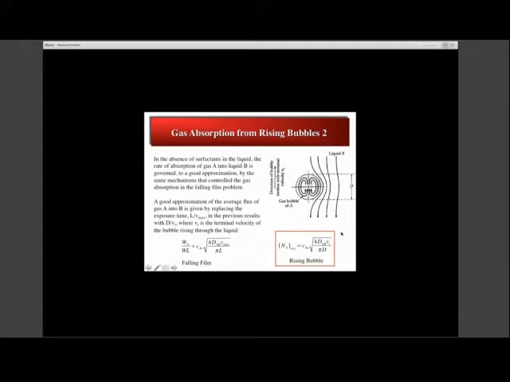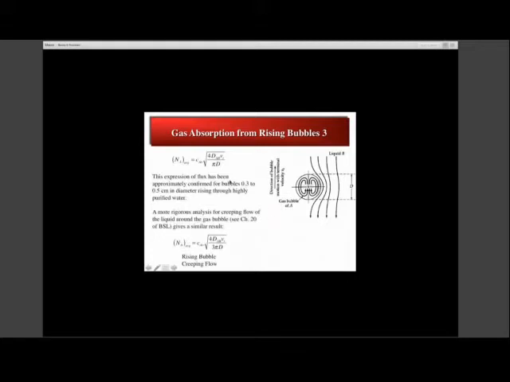And so what I want to teach you about here is the structure that these solutions take on. Even in complex problems, the average flux is dependent on the square root of the diffusion coefficient times effectively the contact time of the gas with the liquid.